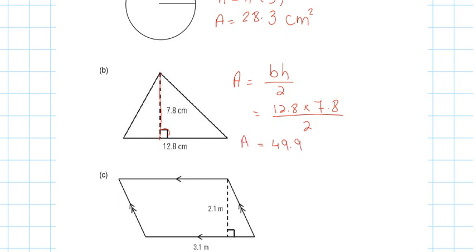Centimeter squared, because it's an area. Anytime you have an area, it's a unit squared, whatever your unit is, and then squared. In the case that your units are not the same, you're going to have to find a common unit. You're going to have to do conversion and change it to the same unit. You can't have centimeters and meters. They have to be in the same unit.